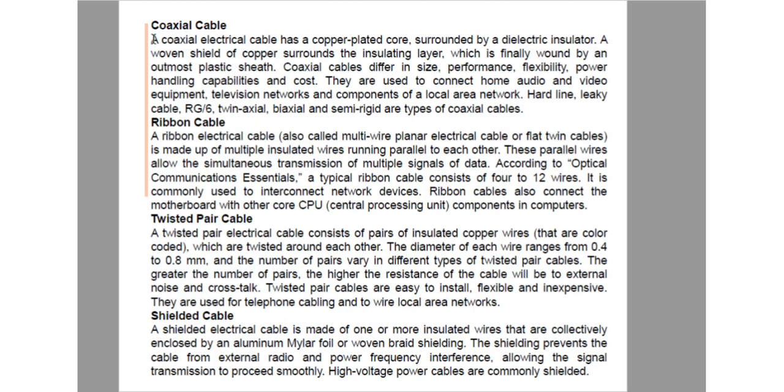A coaxial electrical cable has a copper plated core surrounded by a dielectric insulator. A woven shield of copper surrounds the insulating layer, which is finally wound by an outermost plastic sheet.